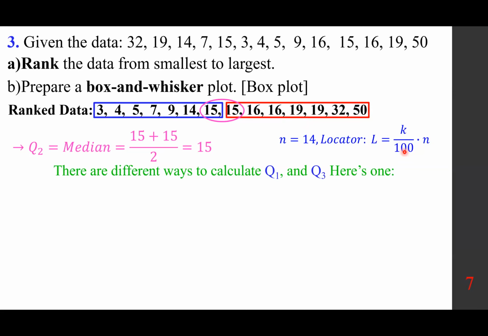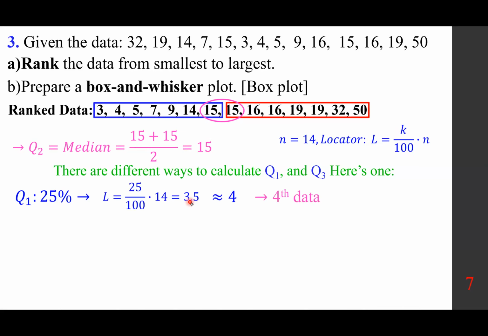For Q sub 2, 50 over 100. For Q sub 3, 75 over 100, 0.75 or 75%. Therefore, for Q sub 1, we replace the k with 25. When we do the math, we end up with 3.5. Now, 3.5, we always round up, becomes the fourth one.